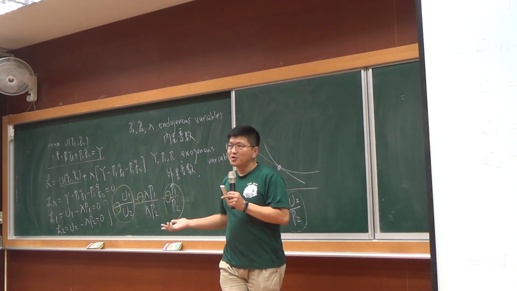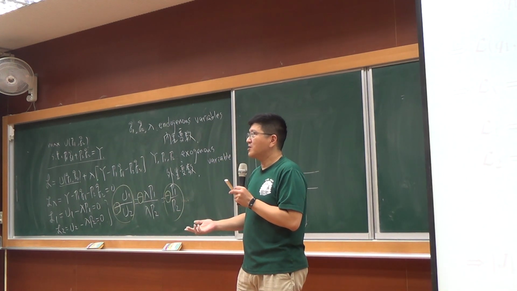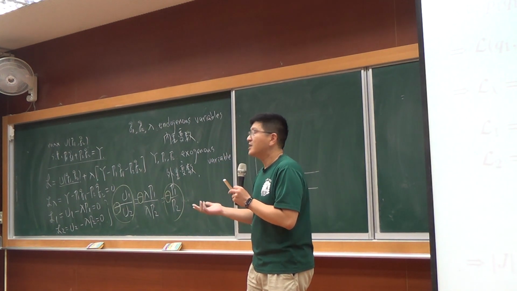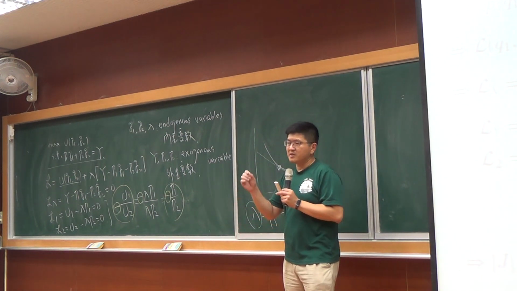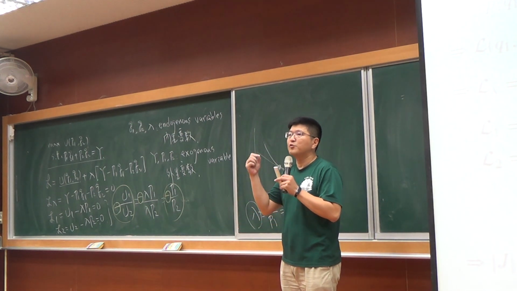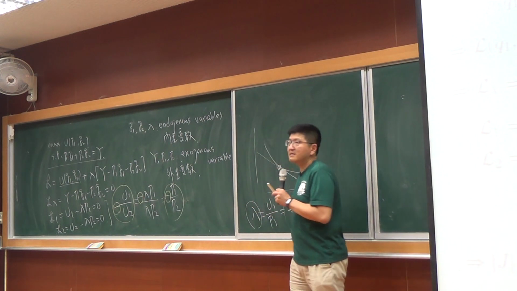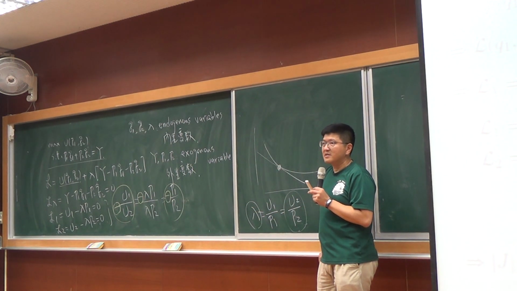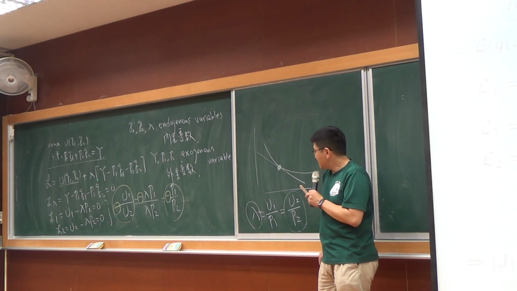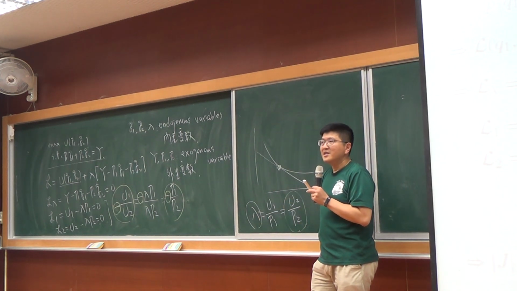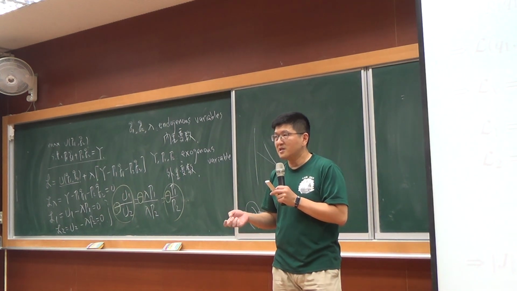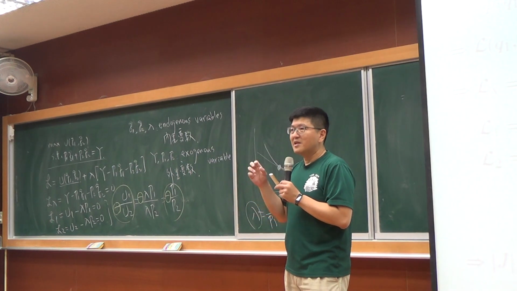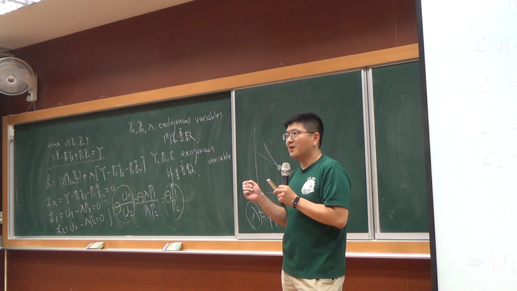So how much money do you have? Oh, I have $500. So the last $1 of your income can give us this marginal utility. So lambda is the marginal utility from the last $1 of the income.